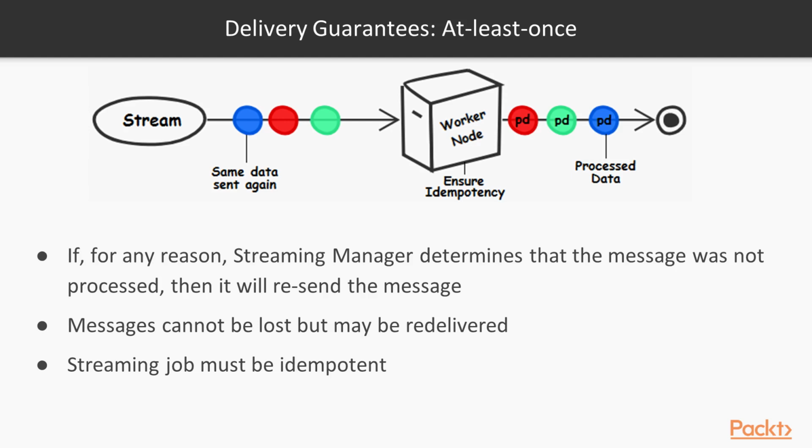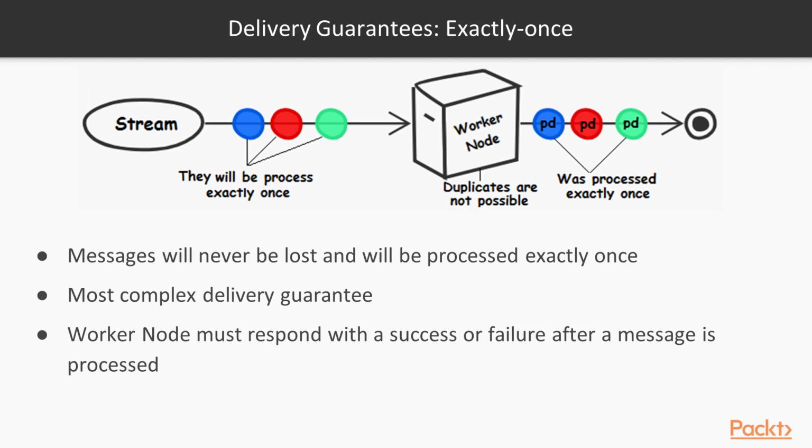In this case, the messages cannot be lost, but may be redelivered. So your streaming job must be idempotent. And exactly once. In this case, the messages will never be lost, and they will be processed exactly once. This is the most complex delivery guarantee, and the worker node must respond with a success or failure after a message is processed.